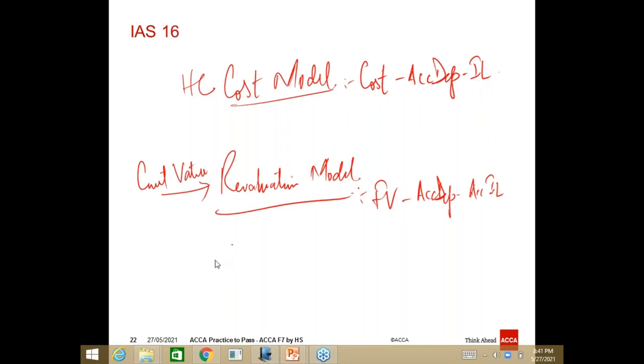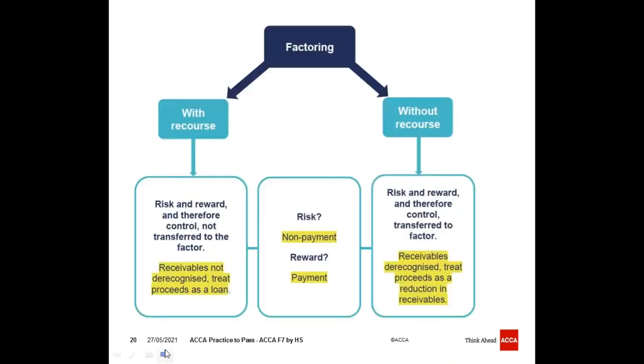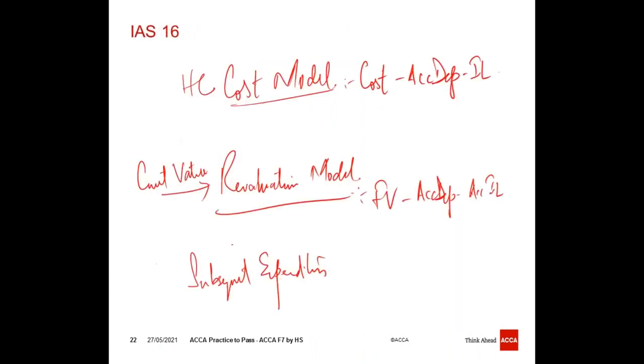So there is a concept of subsequent expenditures. If we are incurring an expenditure subsequently on the asset, like we have purchased the building and then we are incurring expenditure to increase the height of the building, or there might be a painting cost in the building, what will be the treatment of this type of cost?